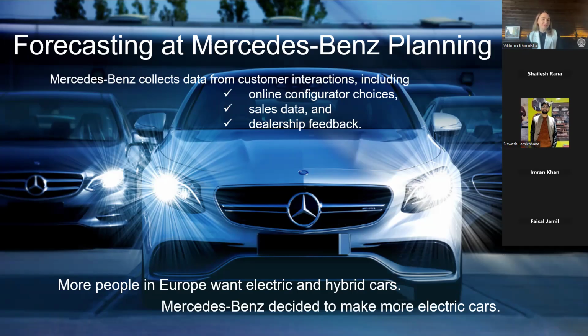So what the company decided to do was adjust their manufacturing. In the year 2016, they started to build a new product line on existing plants for hybrid and electric cars. It was quite a big investment, but it was a data-driven decision based on data coming from the online configurator.